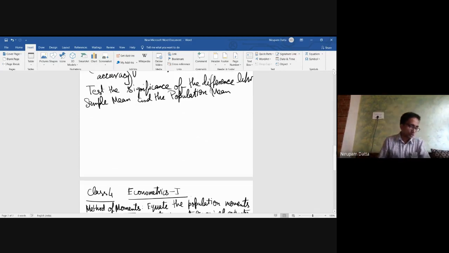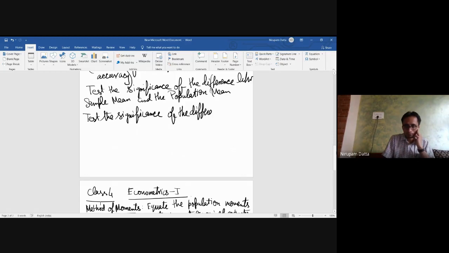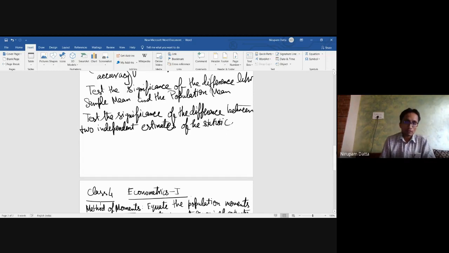We can use it further to test the significance of the difference between two independent estimates of the statistic. That is, we are using two different estimators, and then we are trying to find the significance of the difference between them.